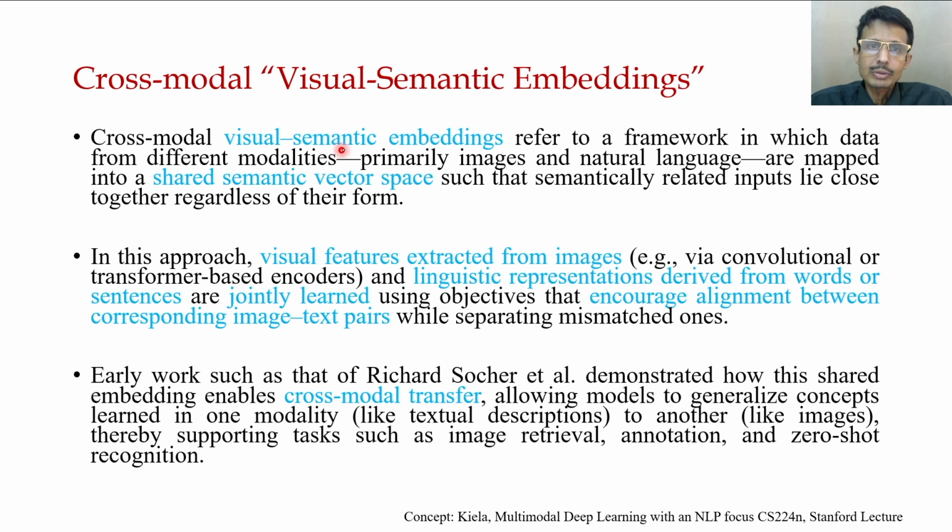Cross-modal visual semantic embeddings refers to a framework in which data from different modalities, primarily images and natural languages, are mapped into a shared semantic vector space, such that semantically related inputs lie closer together regardless of their form. Now, what do you understand from this statement?